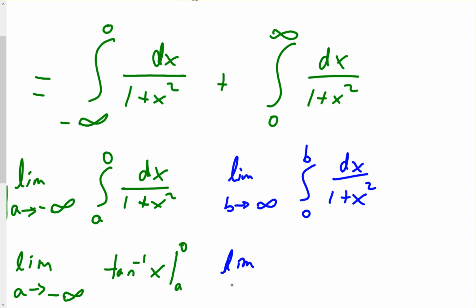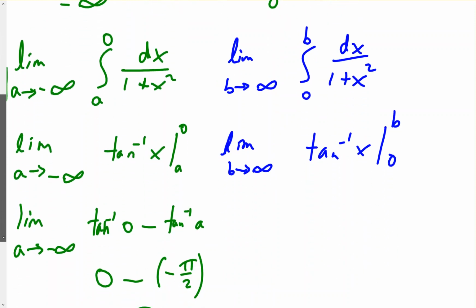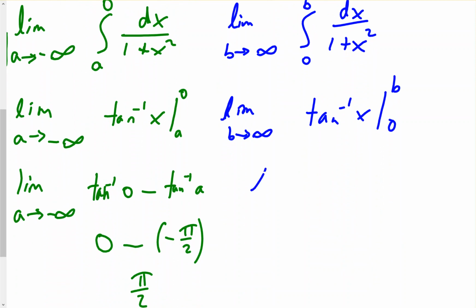So we have limit as b approaches infinity. Again, this is an arctangent, inverse tangent, b to 0. So we have limit, b approaches infinity, inverse tangent of b minus inverse tangent of 0.